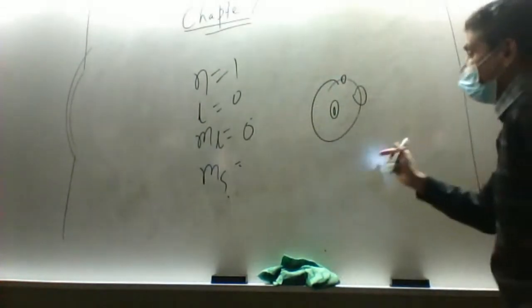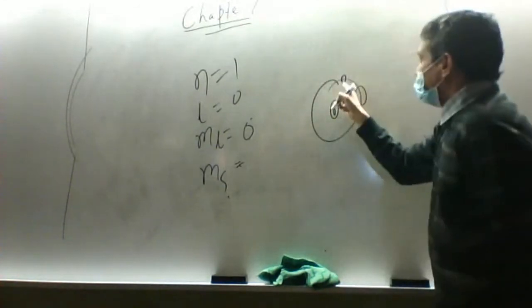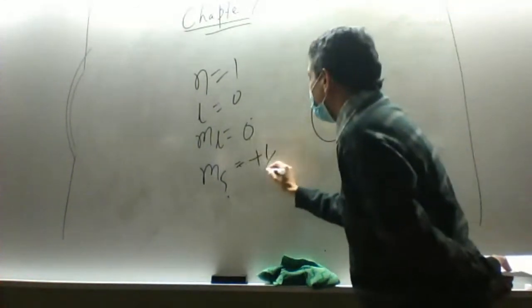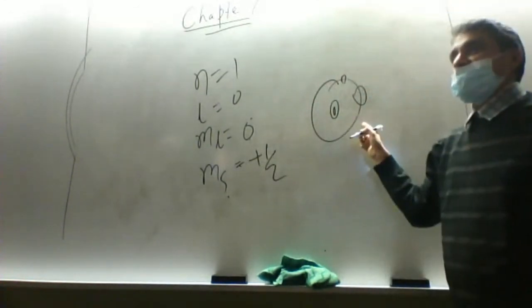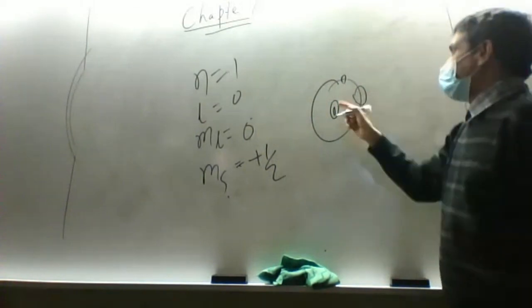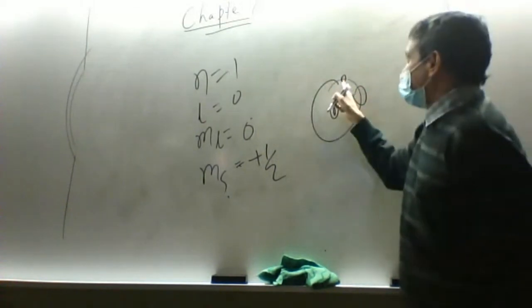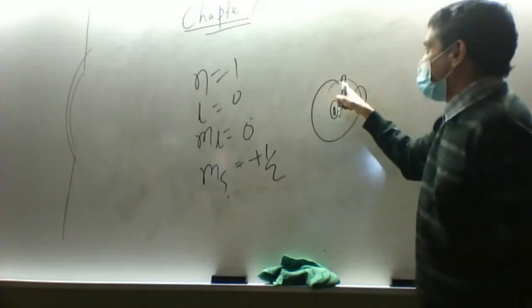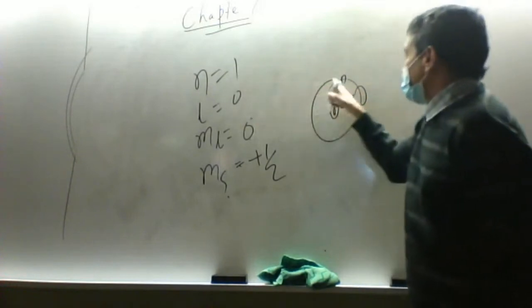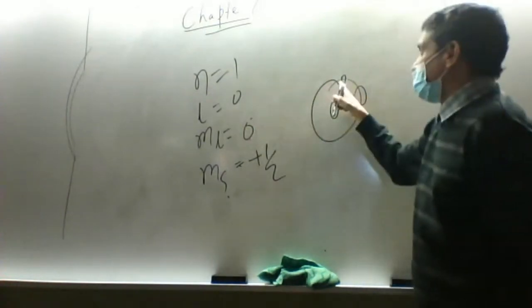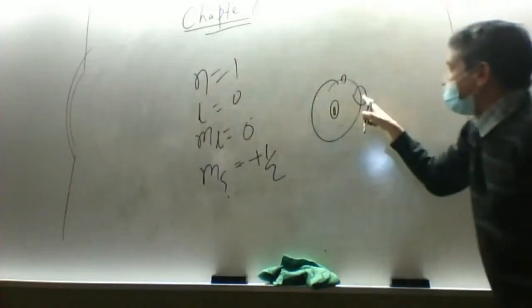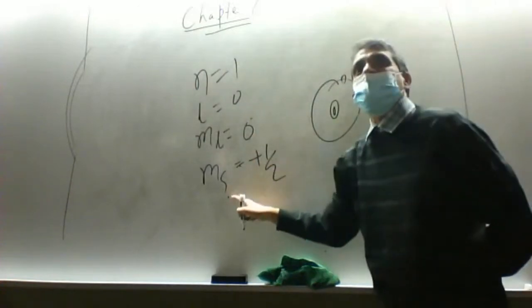Now you see, if you give +½ to both, you cannot differentiate them. Imagine the same number: n equals 1 for this one, l equal to 0, the same thing, ml equal to 0, the same thing. These 3 numbers are the same for both. Now we need to differentiate here.